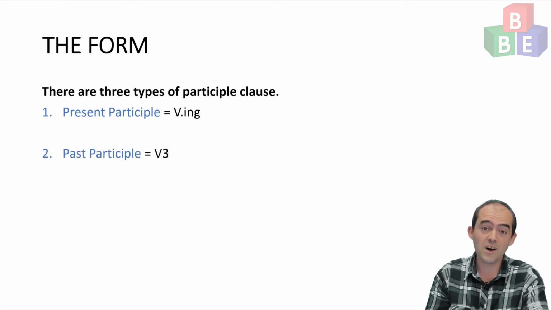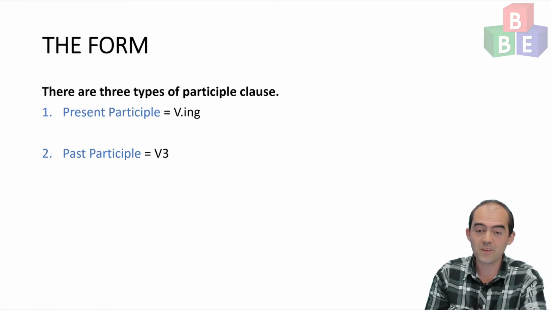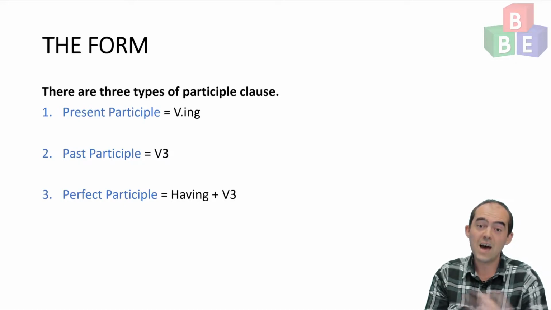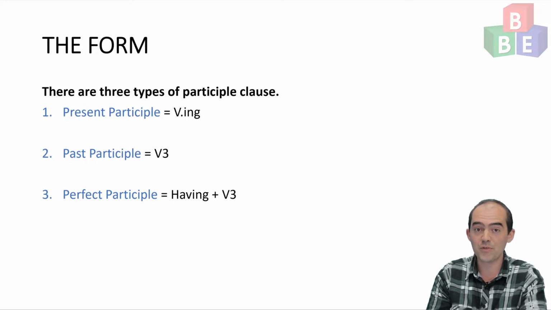Secondly, we have the past participle, or the verb 3, which we will know from perfect tenses, or, as we use them in reduced relative clauses, in passive voice. Finally, there is the perfect participle, which we form by using having, a verb ing form of the verb have, and then a verb 3, or past participle.